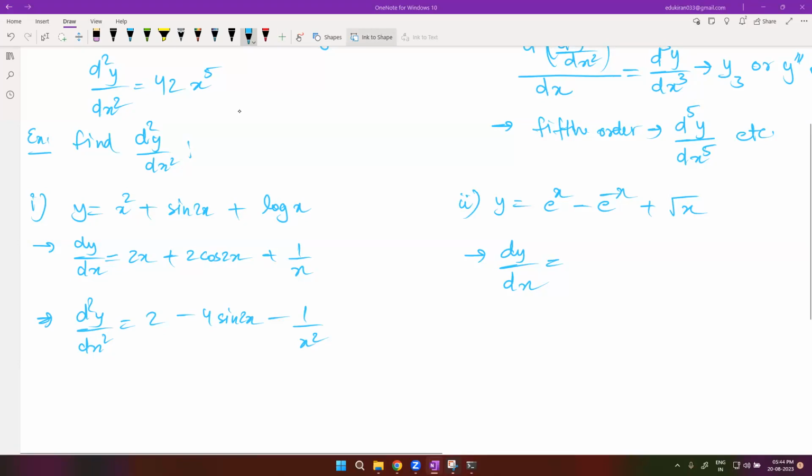This is the first time differentiation, not the second time. e raised to x plus e raised to minus x plus 1 by 2 root x. e to the power x stays e to the power x. Then e to the power minus x stays e to the power minus x, and then we go to minus x, which is minus 1. Minus 1 into minus would be plus. Right. Then root x will be 1 by 2 root x.